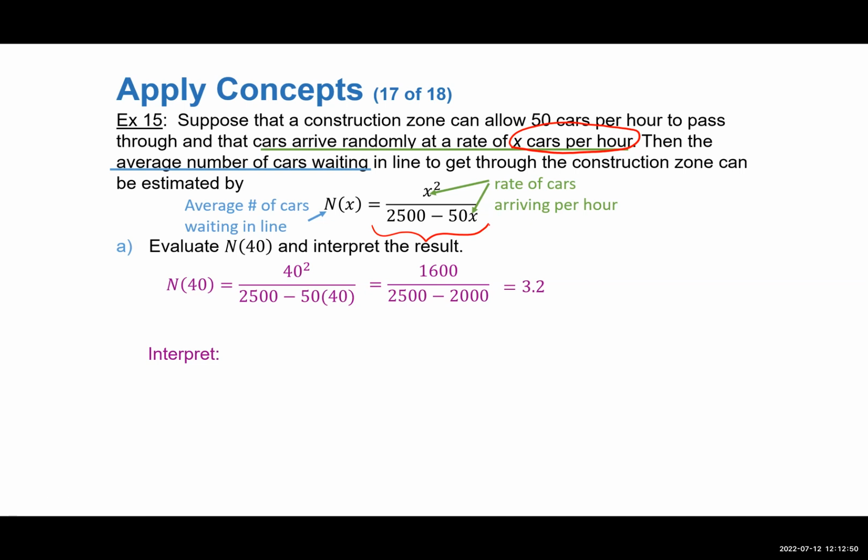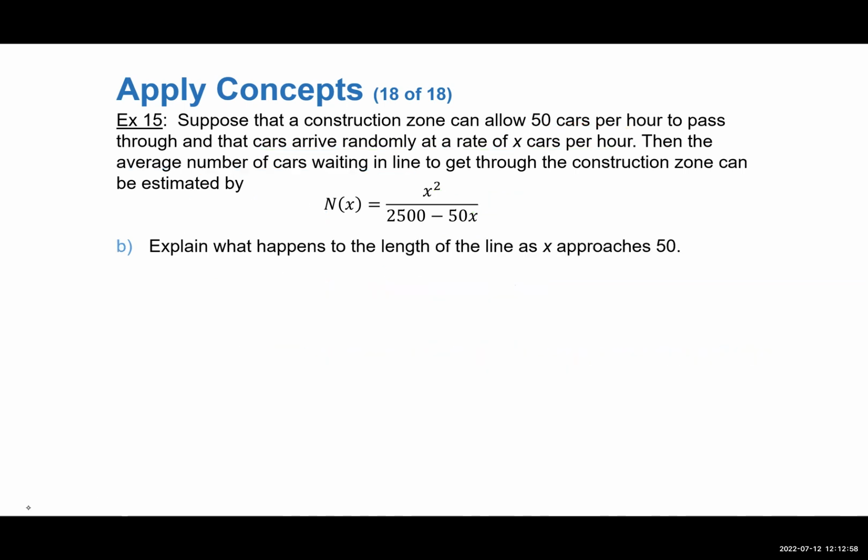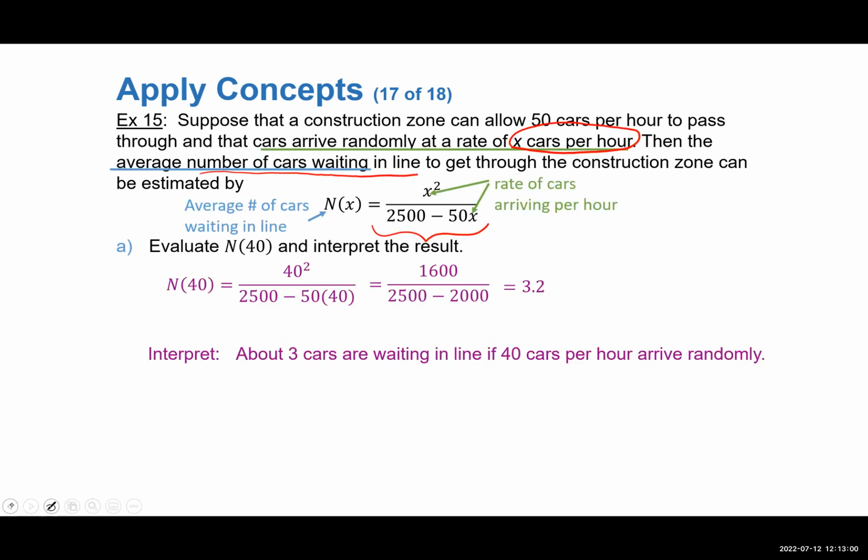And this number is the number of cars waiting in line. So 3.2 cars are waiting in line at any given time. Sorry, let me go backwards so you can see that interpretation. About 3 cars are waiting in line at any given time if 40 cars are arriving randomly. Okay.